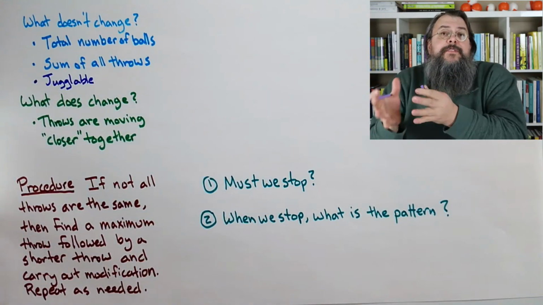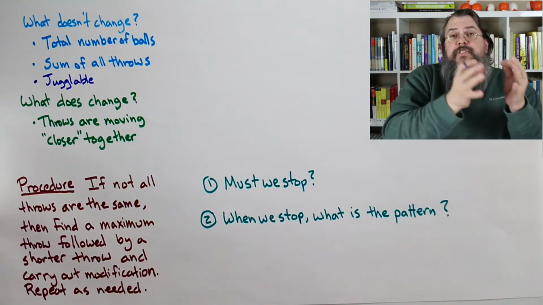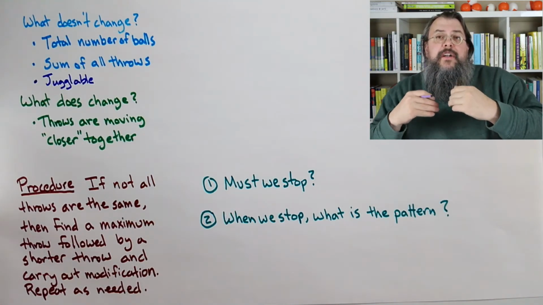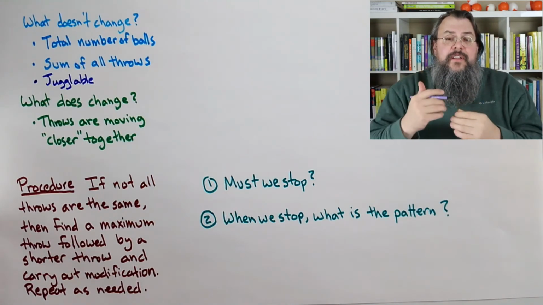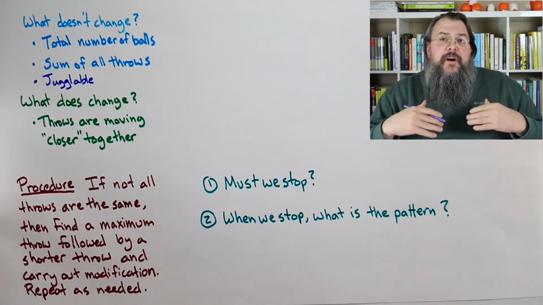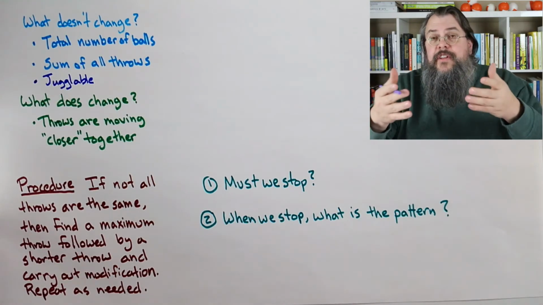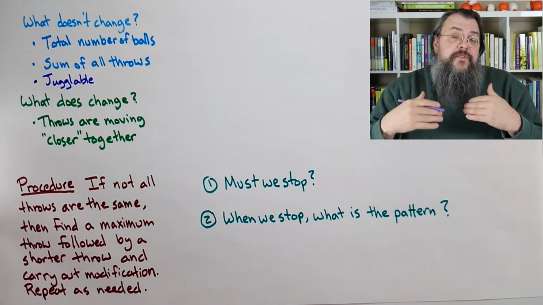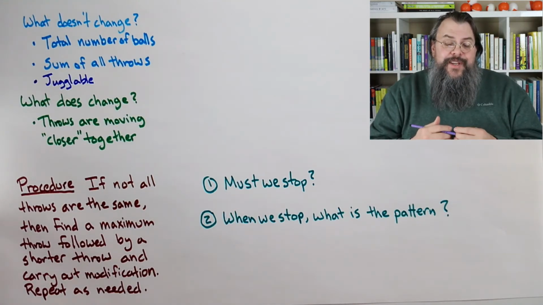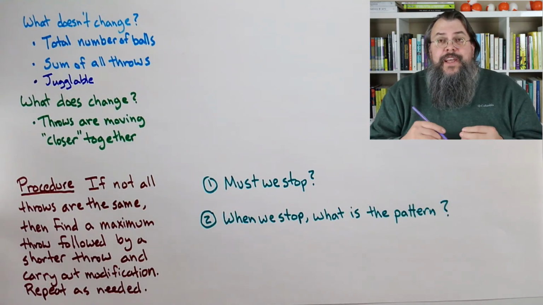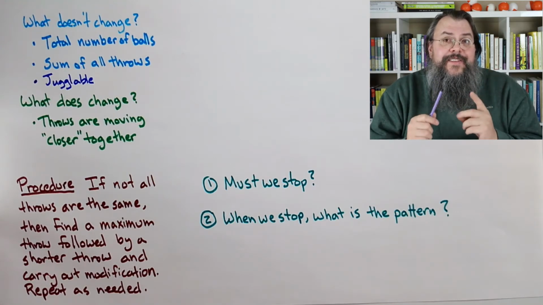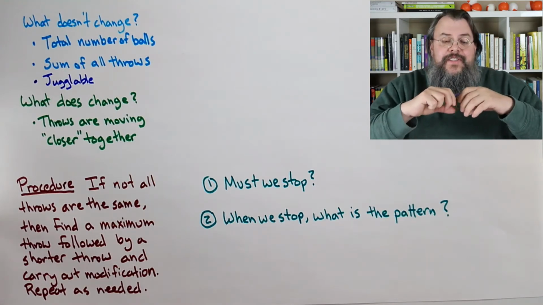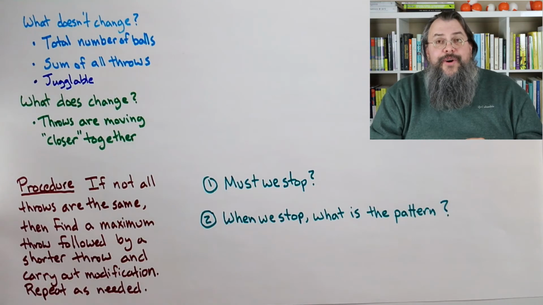If we started with something that was juggleable, we're still juggleable because we are not going to create any new collisions. The same number of balls that landed at a beat still land at that beat. The same number of balls thrown at a beat still get thrown at that beat. So we're still juggleable. Now, one other thing that doesn't change is the sum of all the throws.